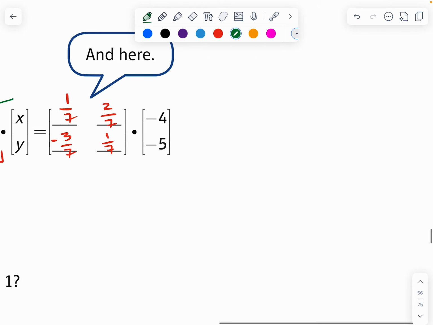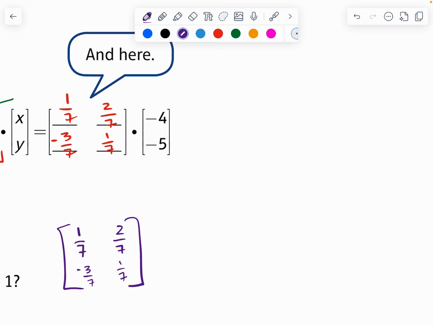So now I need to come over here and multiply these. So 1/7, 2/7, negative 3/7, 1/7. Sorry, I have to copy this down. And then, I don't know why I'm doing another color, but I am.